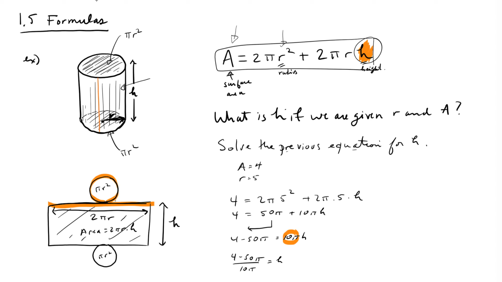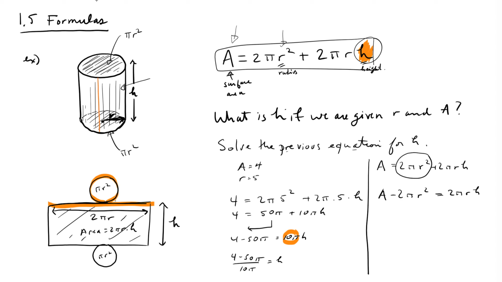Now what I'd like to get is a formula that works for any r, any a. So I'm going to repeat those steps with some arbitrary a and r. You start with your equation. And what did we do? First, we sent the 50 pi to the other side. Well, that's this part, right? This part has no h in it, and we're going to send it to the other side.